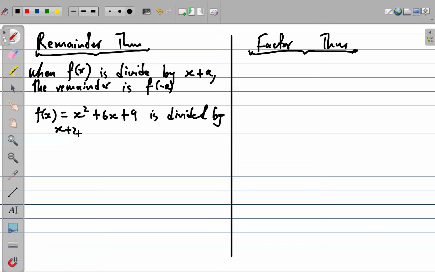So let's actually take this question as a question that says, determine the remainder when polynomial f of x is divided by x plus 2. So this is what it is saying. It is saying, if I take x plus 2 and I equate it to 0, I will get x equals minus 2. So it means that f of minus 2, or the theorem says f of minus 2 is my remainder. So what is f of negative 2?